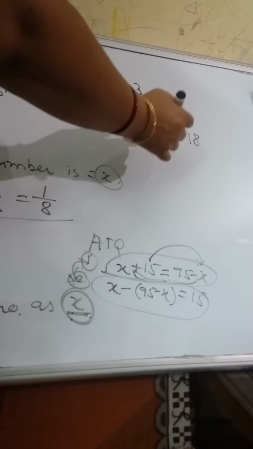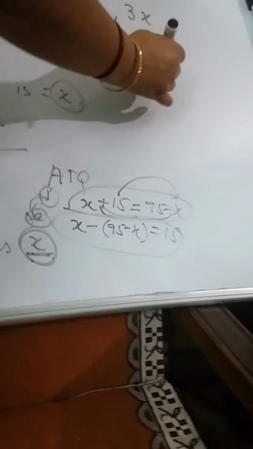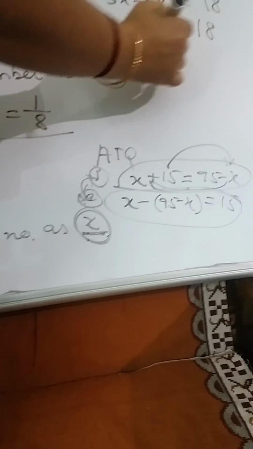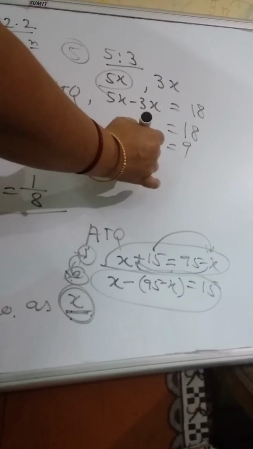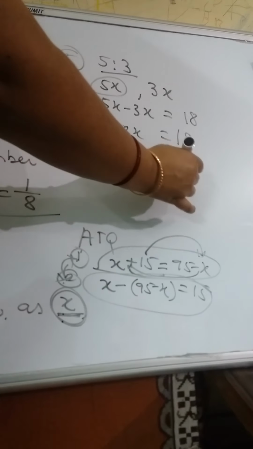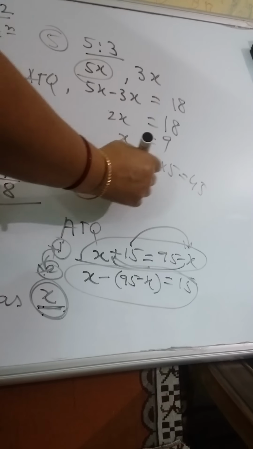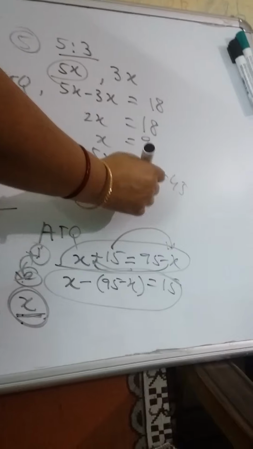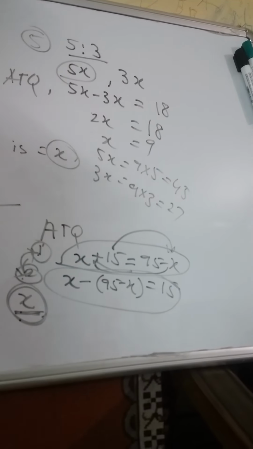According to the condition given, 5x minus 3x is 18. So 2x equals to 18, x equals to 9. That means one number is 5x, so 9 into 5 is 45, and 3x equals to 9 into 3 is 27. Understood?